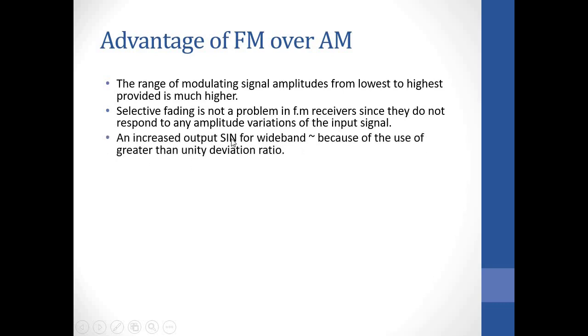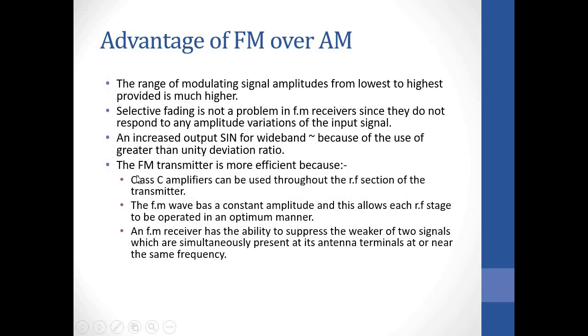There is also increased signal-to-noise ratio for a wideband signal, like we just explained. Also, in our transmitter we can use Class C amplifiers because of their high efficiency, whereas in AM a Class C amplifier cannot be used. We'll explain this more when we look at the transmitter systems.